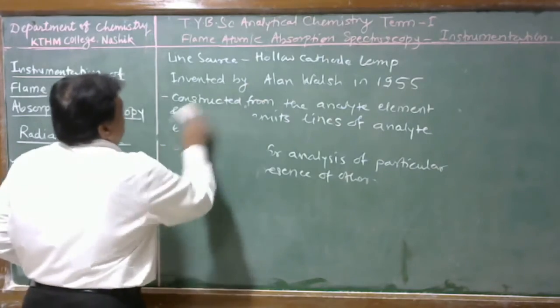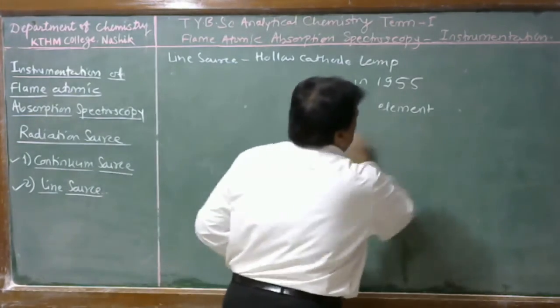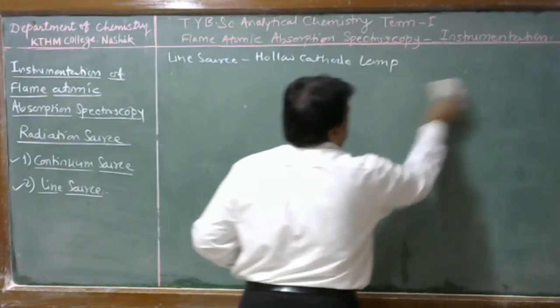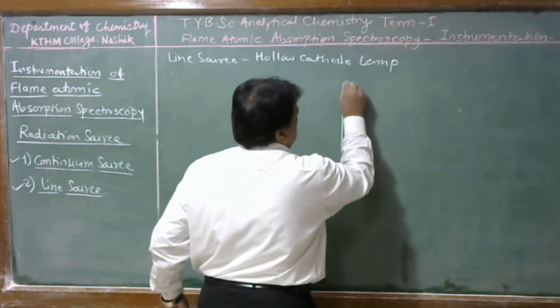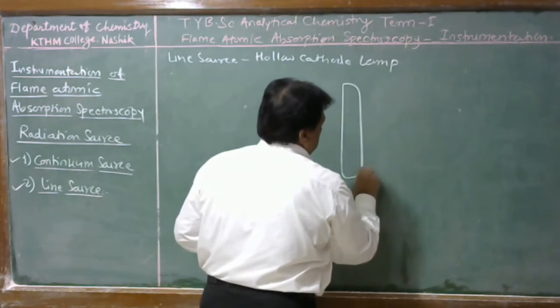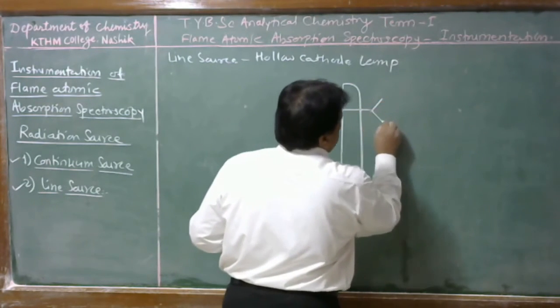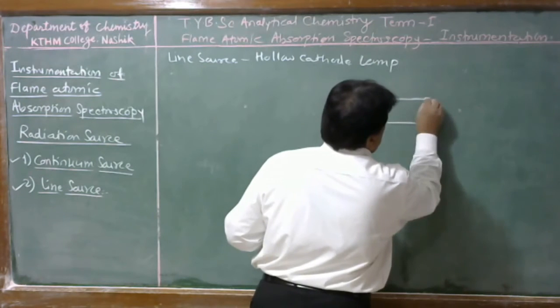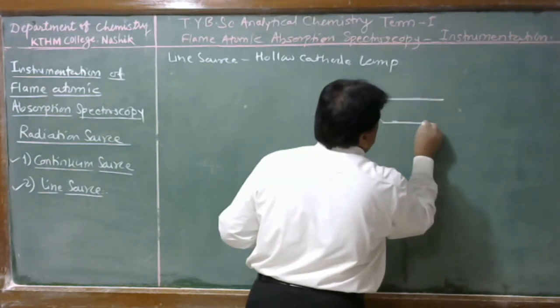Now we discuss how it is constructed. Construction of the hollow cathode lamp is like this. In this case, the cathode is made up of a cylindrical analyte element.